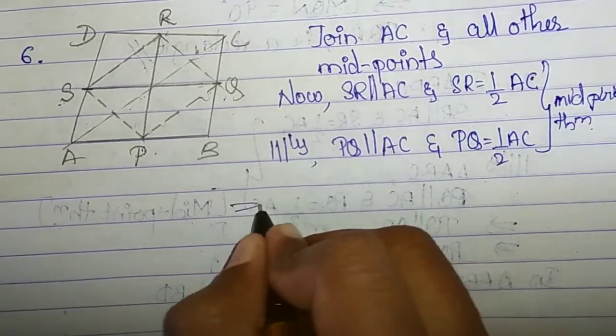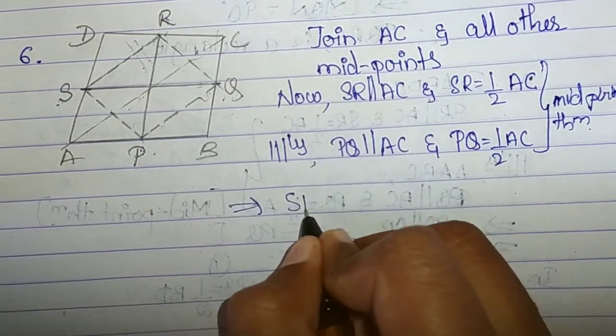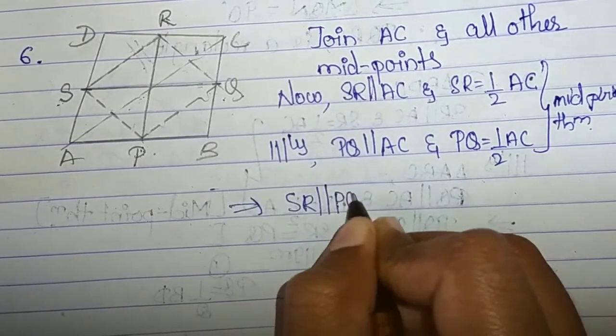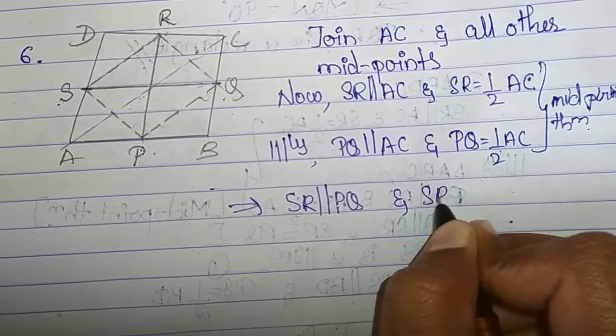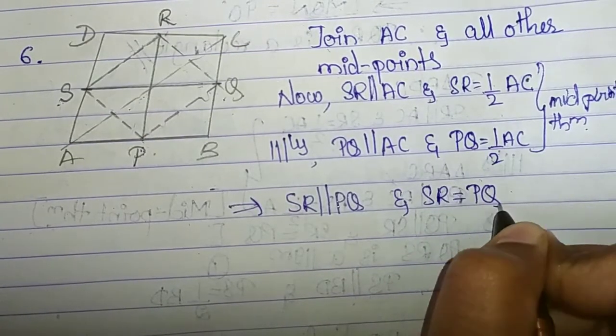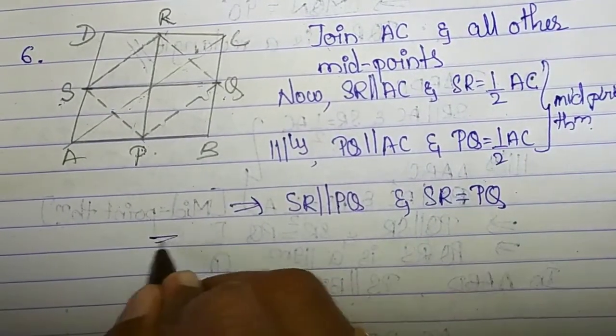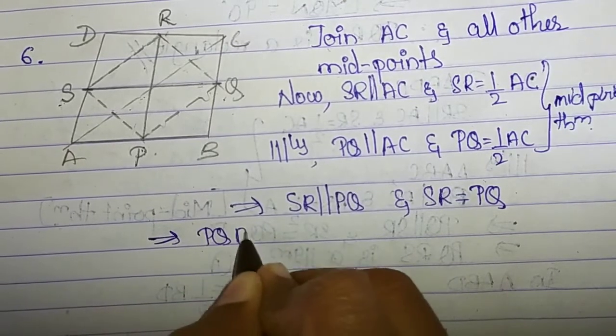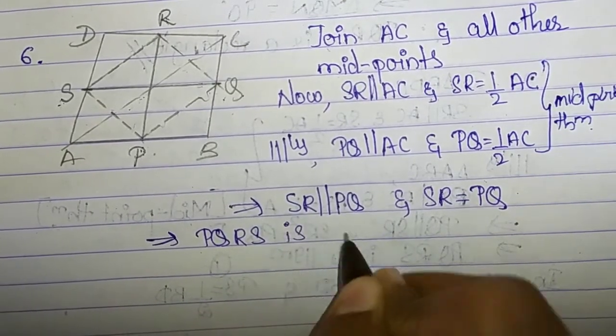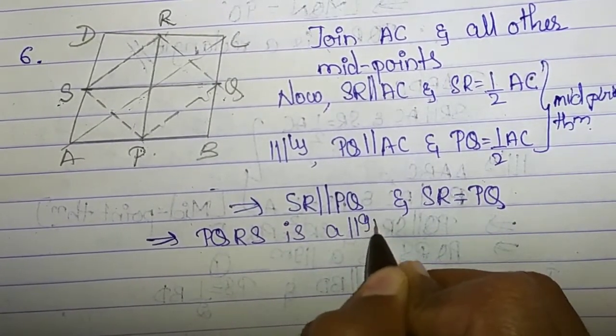So this implies SR is parallel to PQ and SR is equal to PQ. So this implies PQRS is a parallelogram.